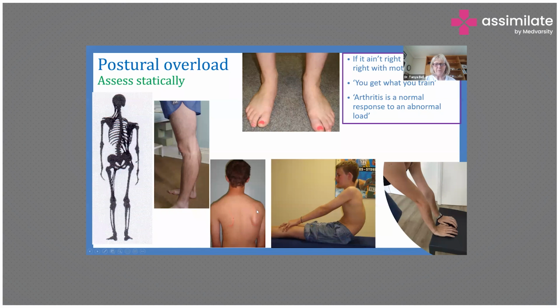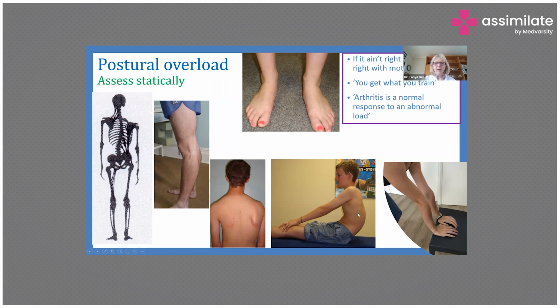So this scapula is protracted with pseudo-winging, and this scapula is in adduction and downward rotation. But the scapula is not the problem. The problem is that the thoracic cage is rotated. The scapula is simply resting on the thoracic cage. So treatment of this sportsman here is not to the scapula, but of course to the thoracic spine, or to try and normalize the scoliosis.